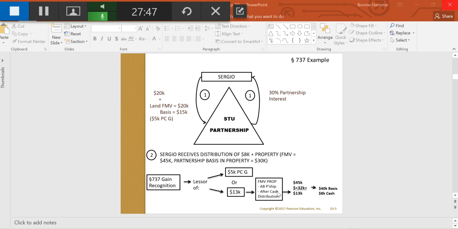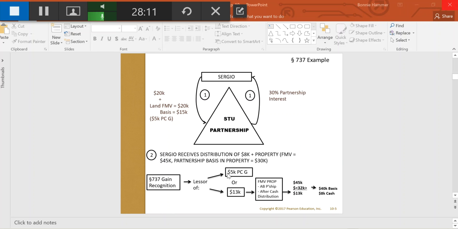So the excess of the fair market value of the property distributed to him over his adjusted basis is 45 minus 32, or 13. The lesser of the $5,000 PC gain, or the 13, is 5,000. So he will have to recognize a gain under 737 of the code equal to $5,000.